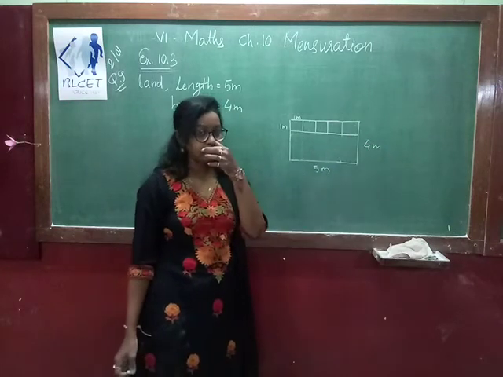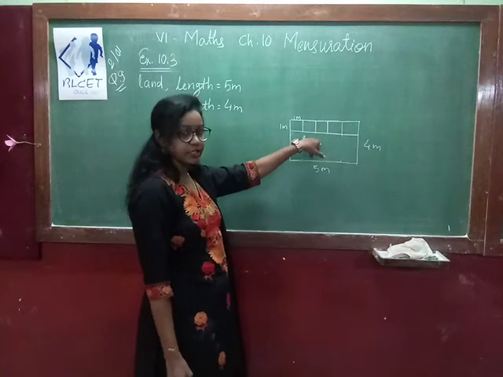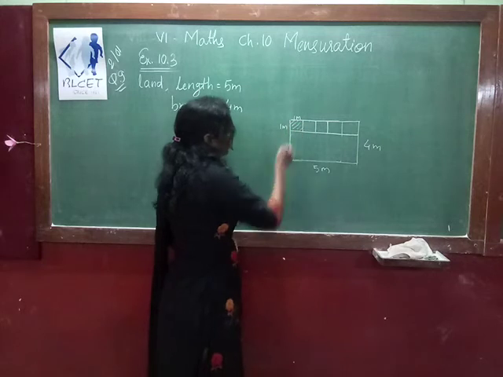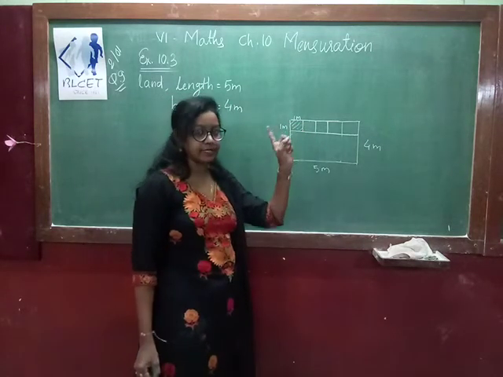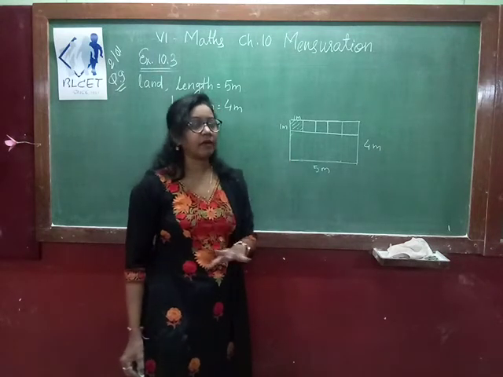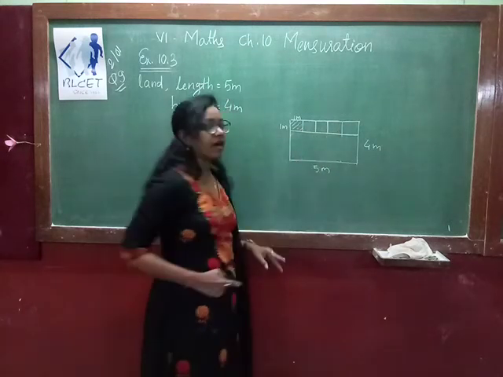Now what is the question? You have to dig the area in such a way that you can make the flower beds. Okay? So this is one flower bed, which has a side measurement of 1 meter. Such 5 square flower beds are there. So 1, 2, 3, 4, 5 flower beds are there.